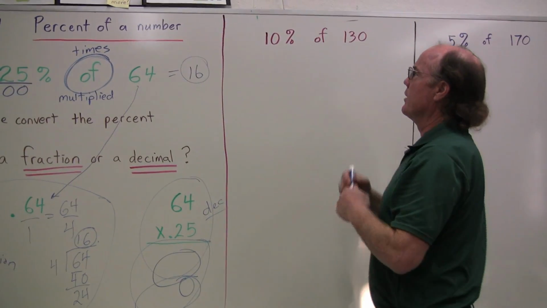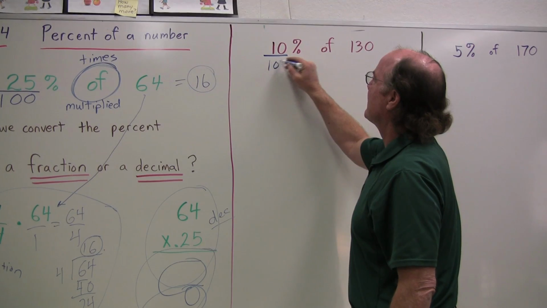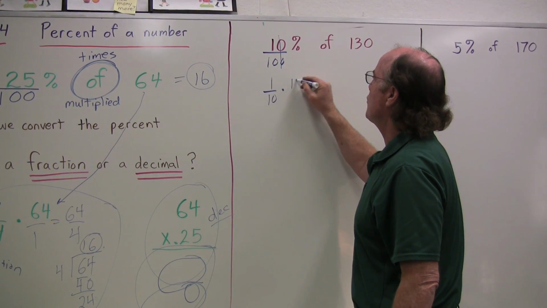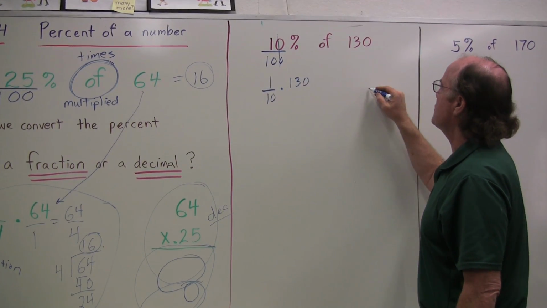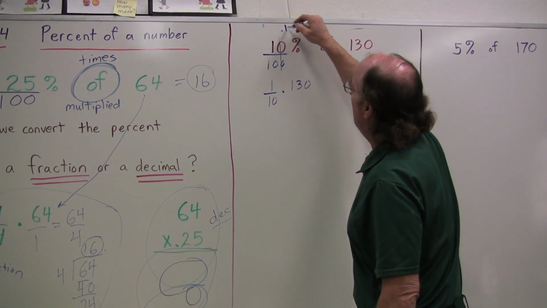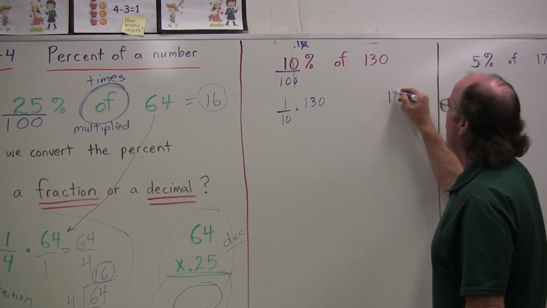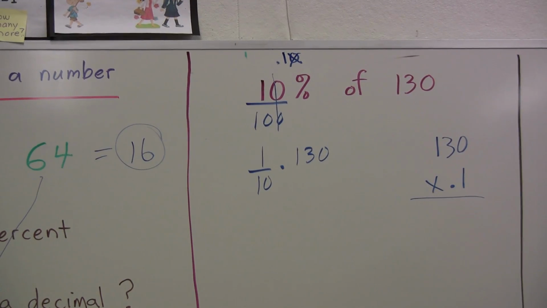Now, let's go on to the next one here. 10% of 130. Well, 10% as a fraction is 1/10 times 130. 10% as a decimal is 0.10, and then let's drop the 0. So 130 times 0.1.